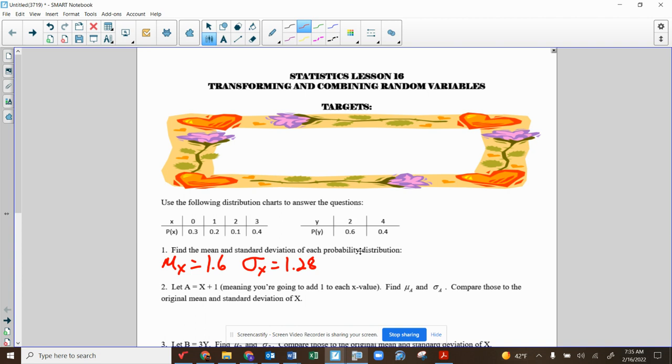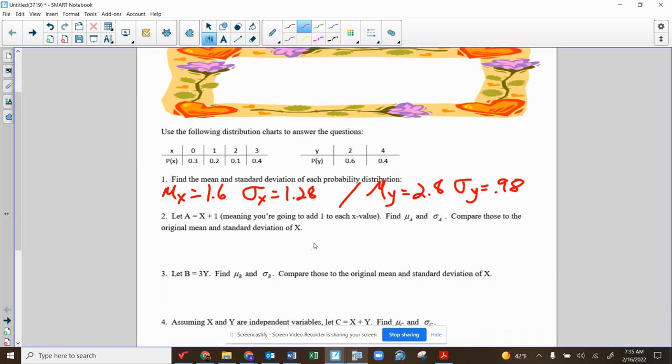If I do the same thing for y, the mean for y turns out to be 2.8, and the standard deviation for y is approximately 0.98. You put that in your calculator and see, and if you don't get that, then ask me.